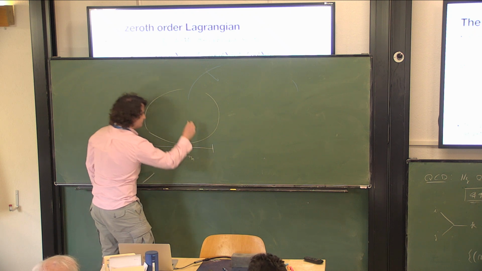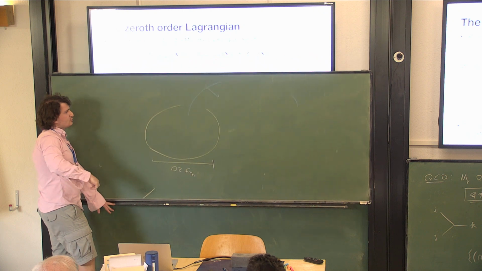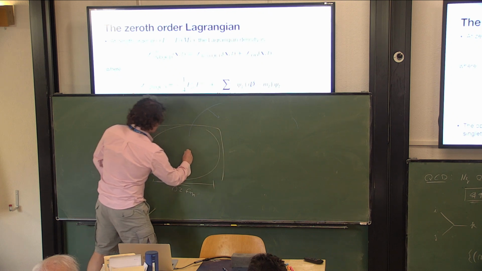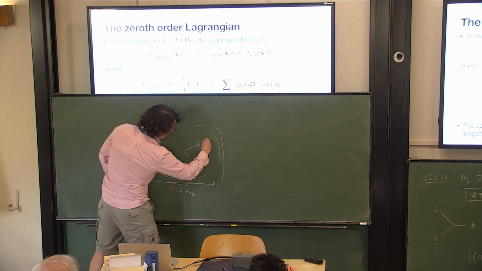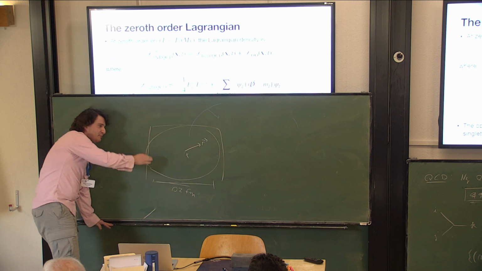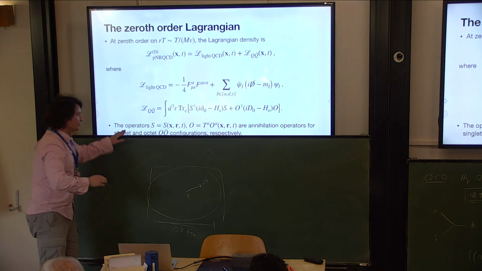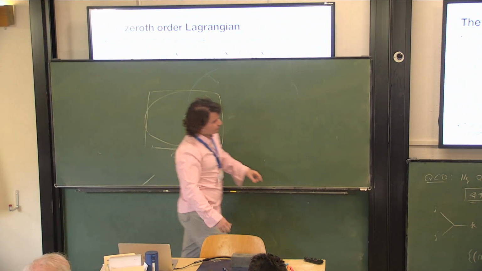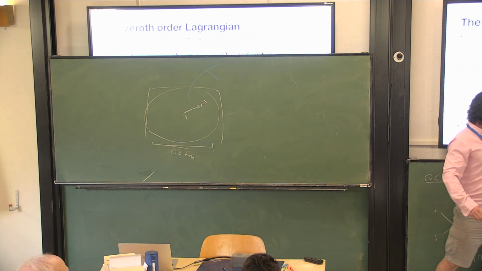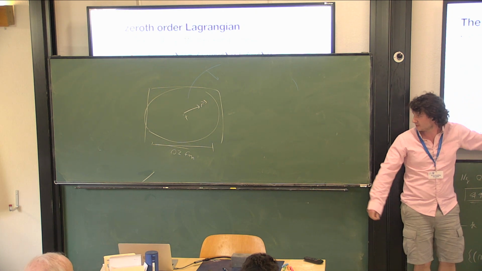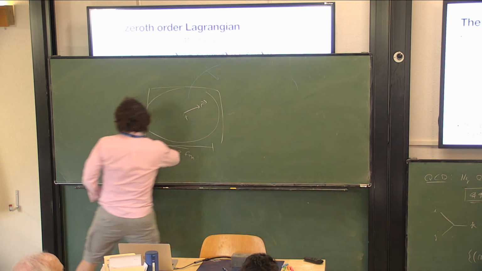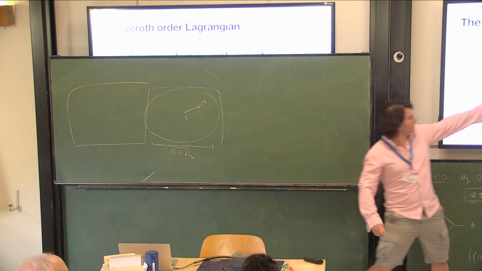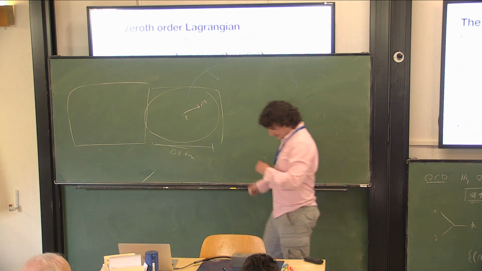I'm going to divide my space into boxes labeled by the coordinate x, and from here I'm going to have another coordinate r that describes what's happening at very short distance scales, so how the wave function of these heavy quarks will behave. That's why there's an additional internal coordinate here, and each of these boxes you label by the coordinate x.